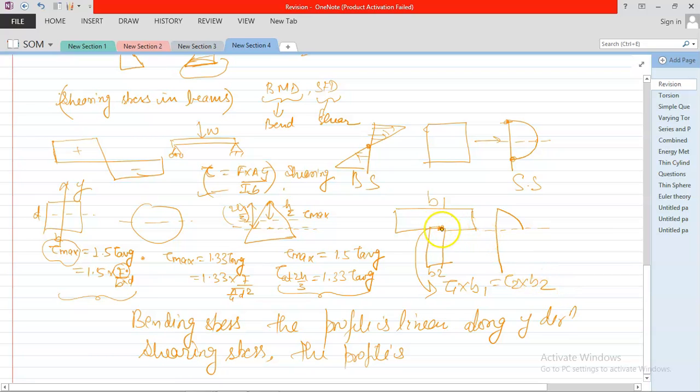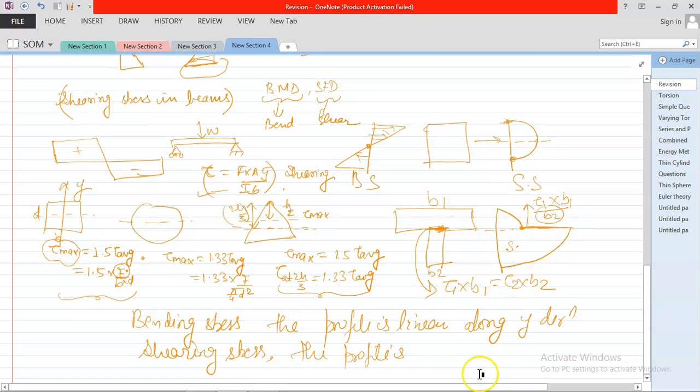So b2 is small compared to b1, and the tau 2 value is very large at this junction. Now again draw the parabolic profile. This is your shear stress diagram for this T section.